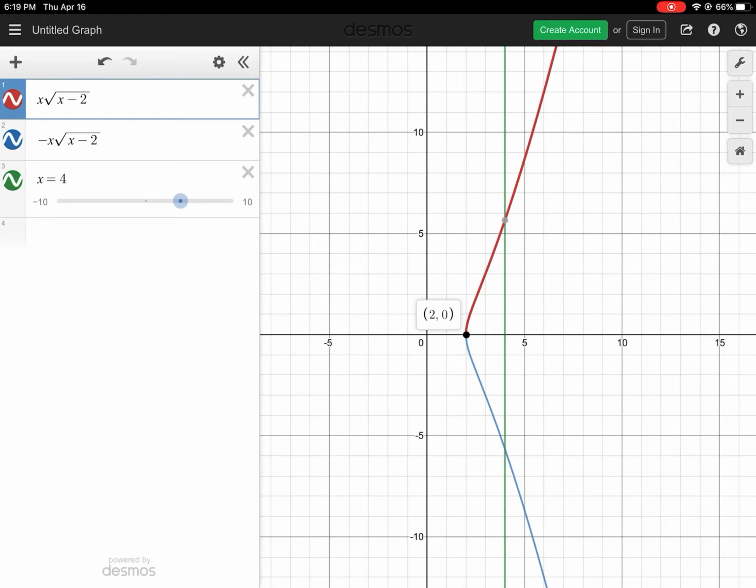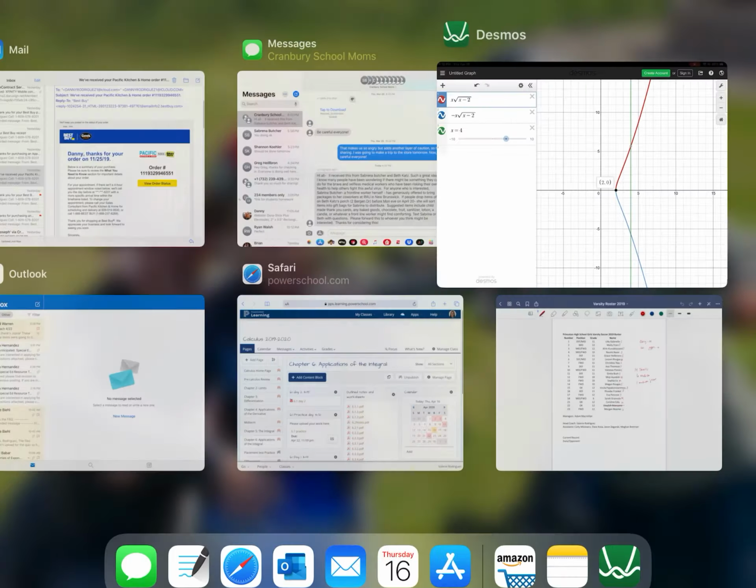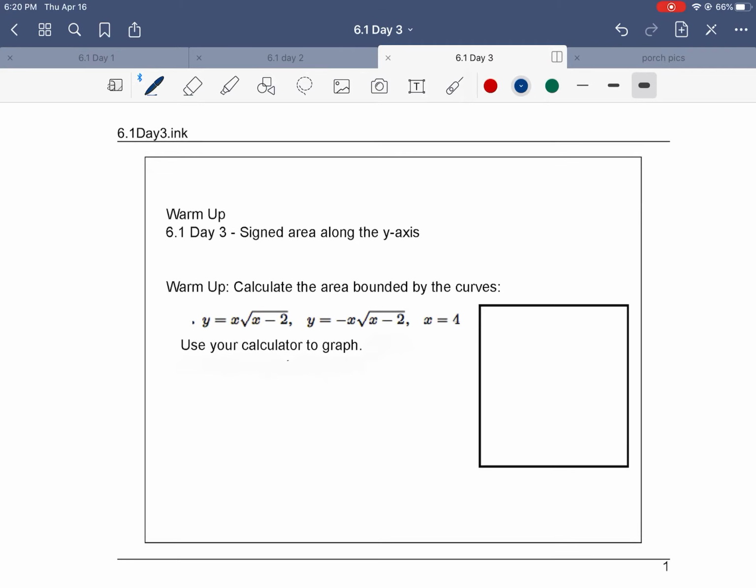So our limits of integration go from 2 until 4. Our top function is red, and our bottom function is blue. So x square root x minus 2 minus negative x square root x minus 2 dx.